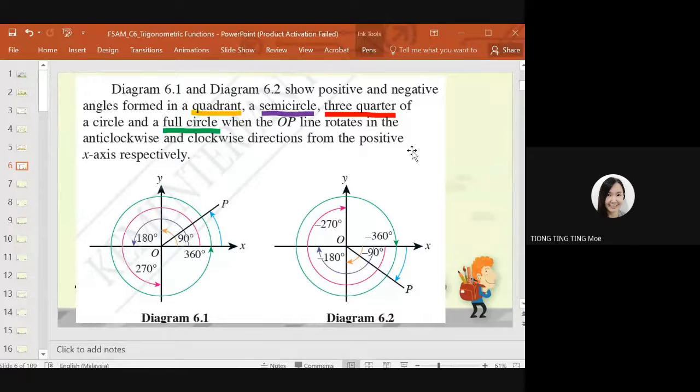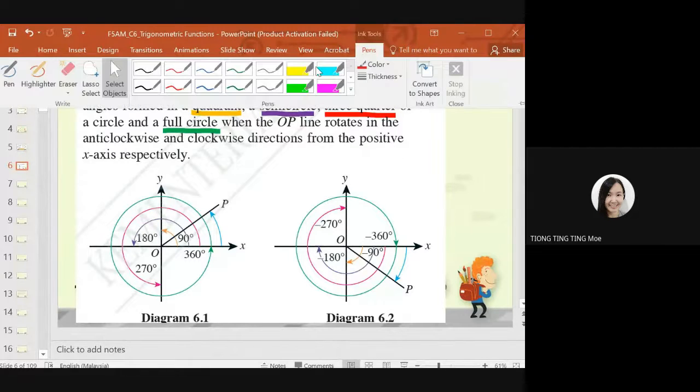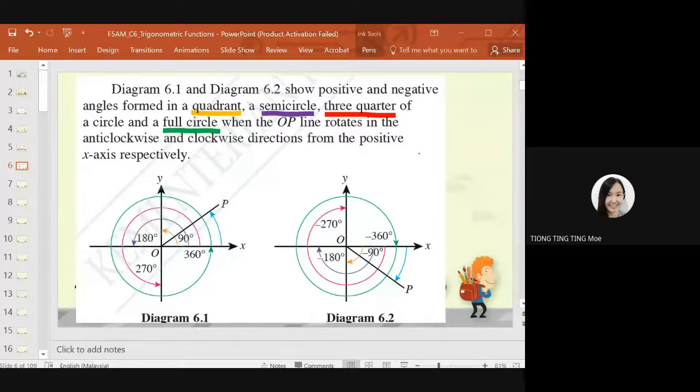The angles we learned before are up to 360 degrees only, right? In mathematics, you learn about angles between 0 to 360 degrees only, right? We did not learn about angles more than 360.